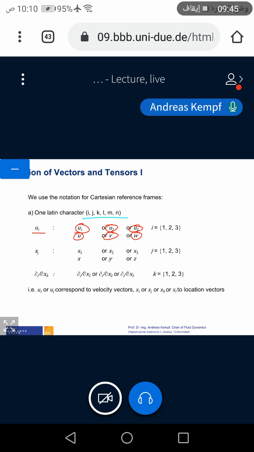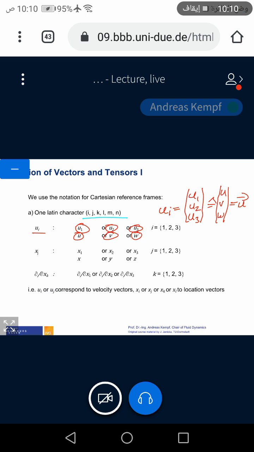So in other words, with index notation, we have ui equals u1, u2, u3, again certainly similar to u, v, w equals vector u in vector notation.